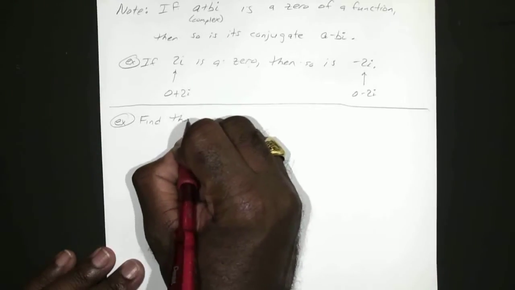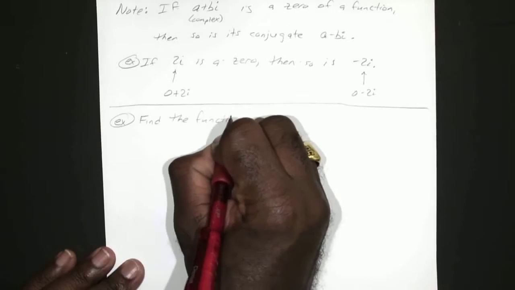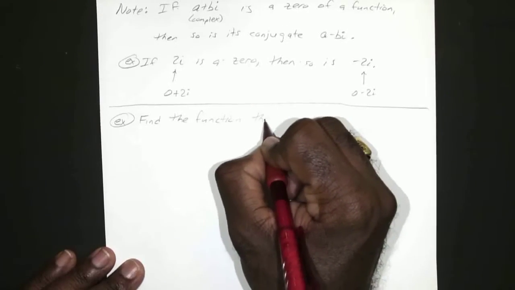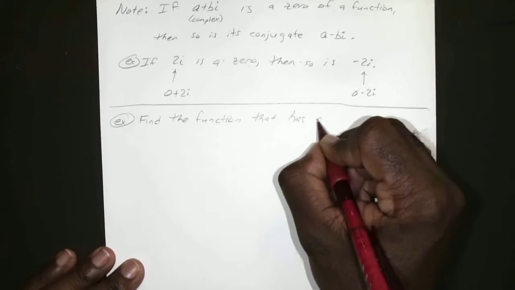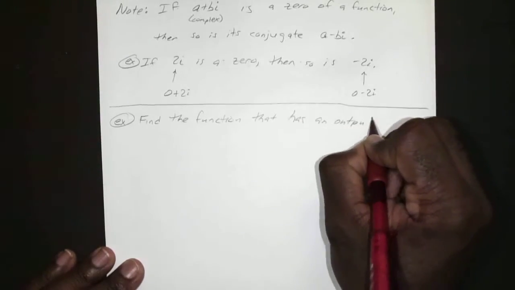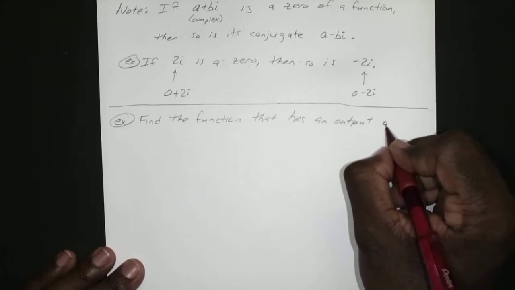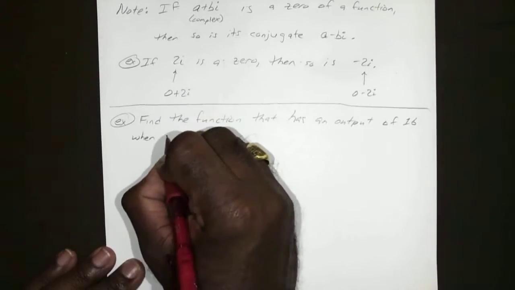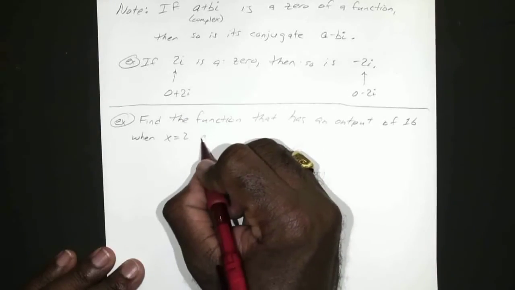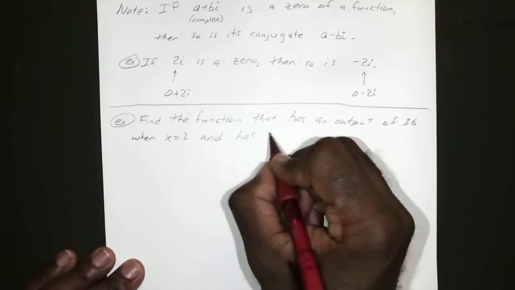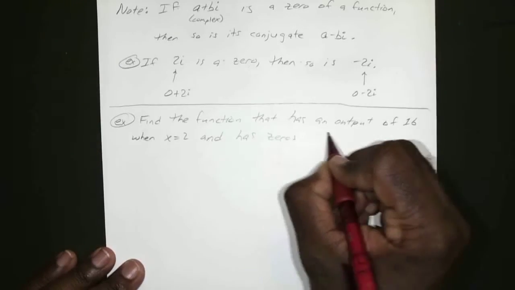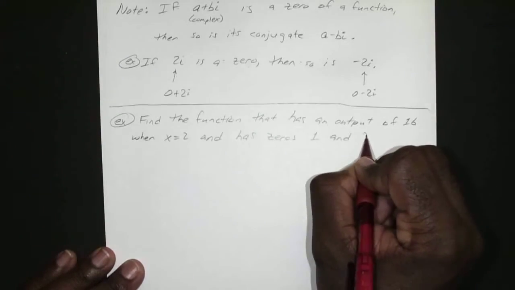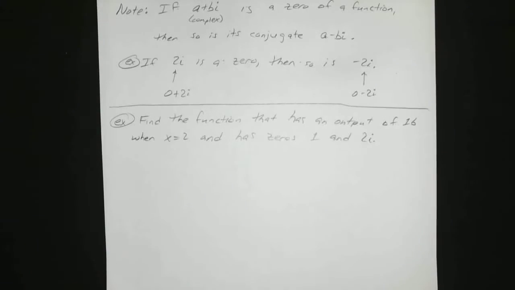Okay, so find the function that has an output of 16 when x equals 2 and has zeros 1 and 2i.